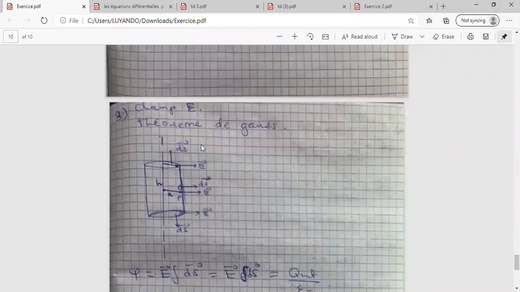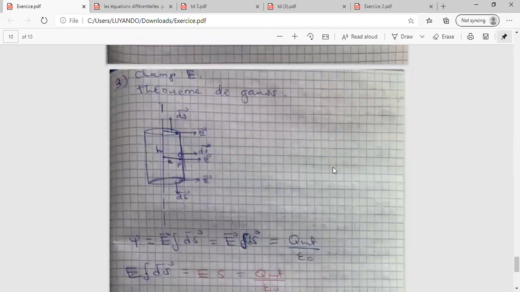Calculating the electric field E using theorem Descartes. So we have our wire still, and when you want to use theorem Descartes, it can only be used on closed surfaces. So we introduce a cylinder. The wire is passing through the cylinder of height h and radius r.